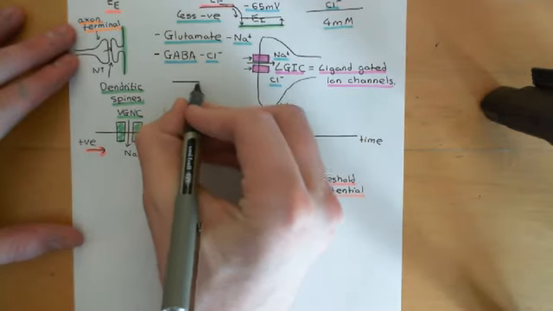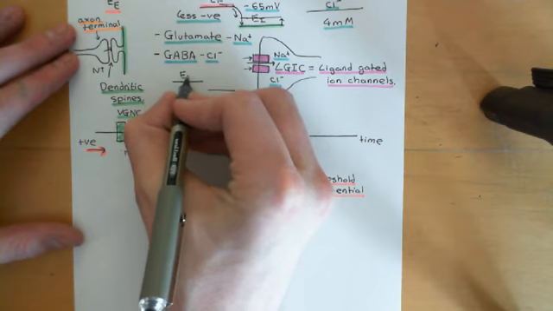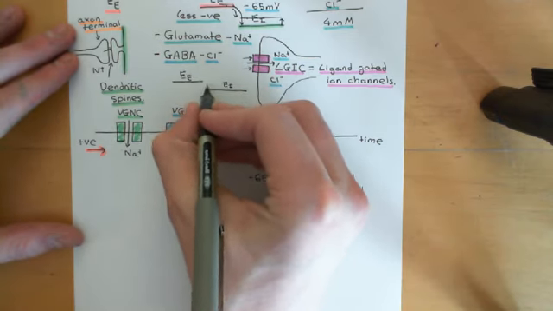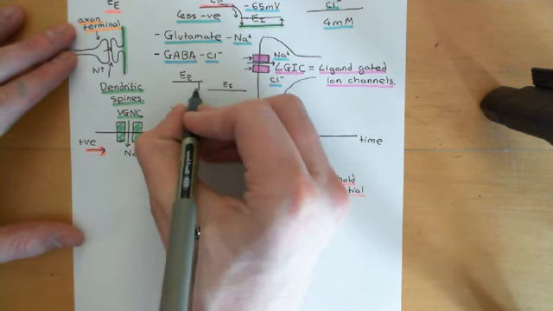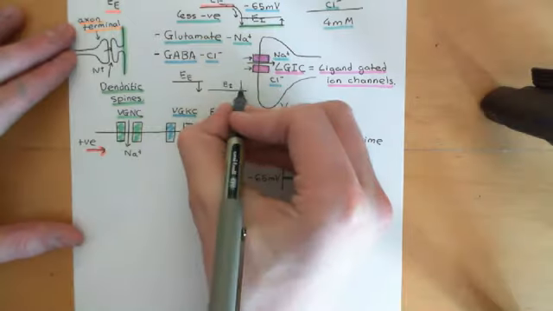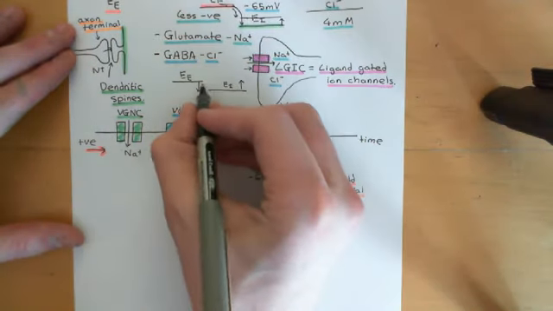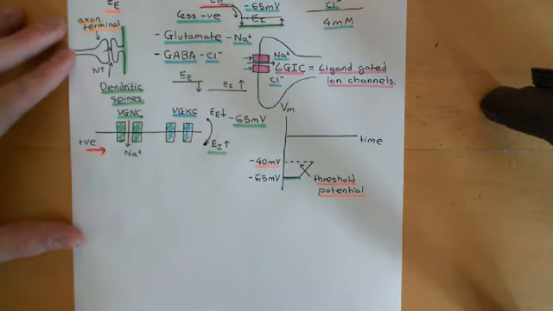So once again, if I draw this basic picture here, if this is the electrical potential extracellularly and this is the electrical potential intracellularly, initially we had a step down by negative 40 millivolts. Now the electrical potential extracellularly is going down and the electrical potential intracellularly is going up. So you can see that the electrical potential difference is going to become less and less negative.